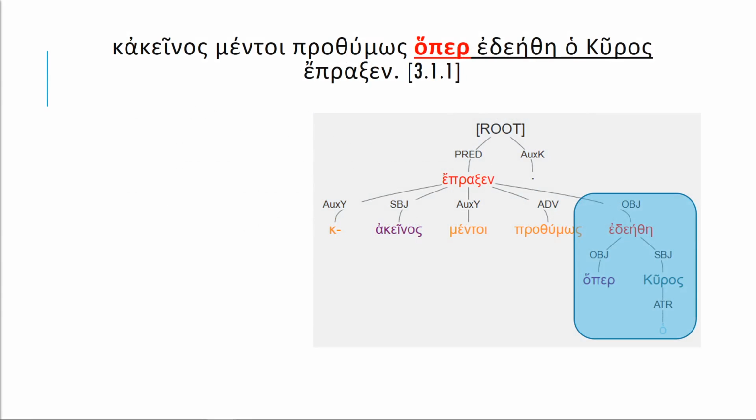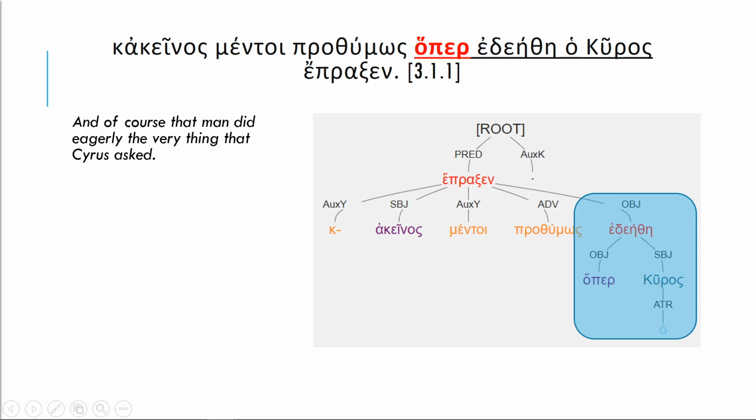So in this case, for example, that man was especially eager to do that thing which Cyrus asked for. Adeoma is a deponent verb here in the aorist passive form. Cyrus asked for which.